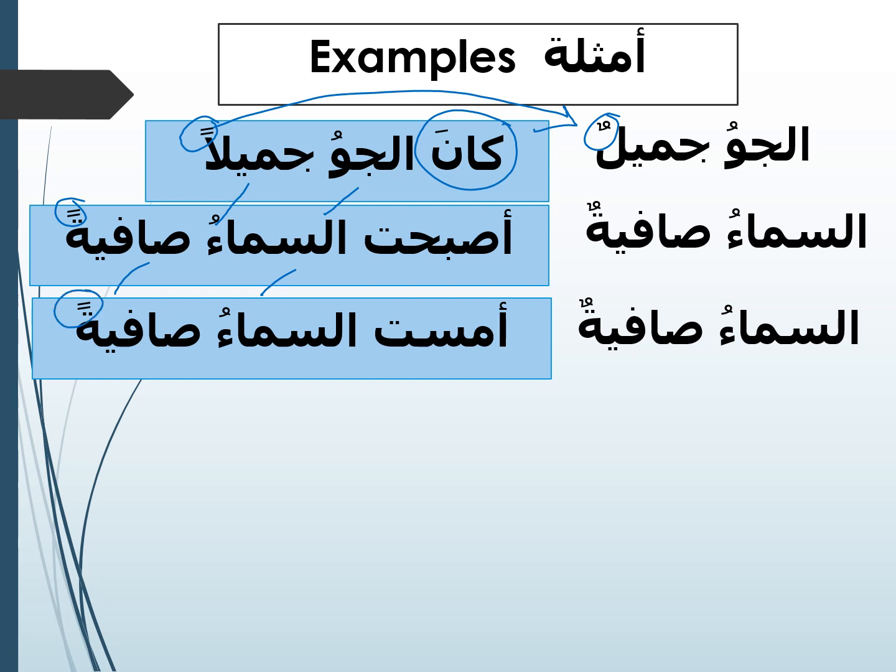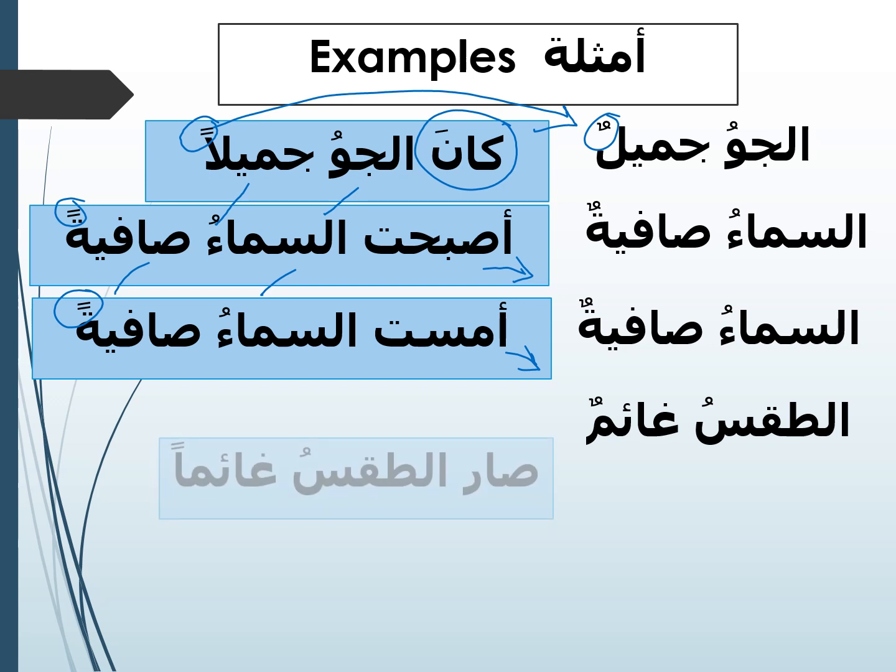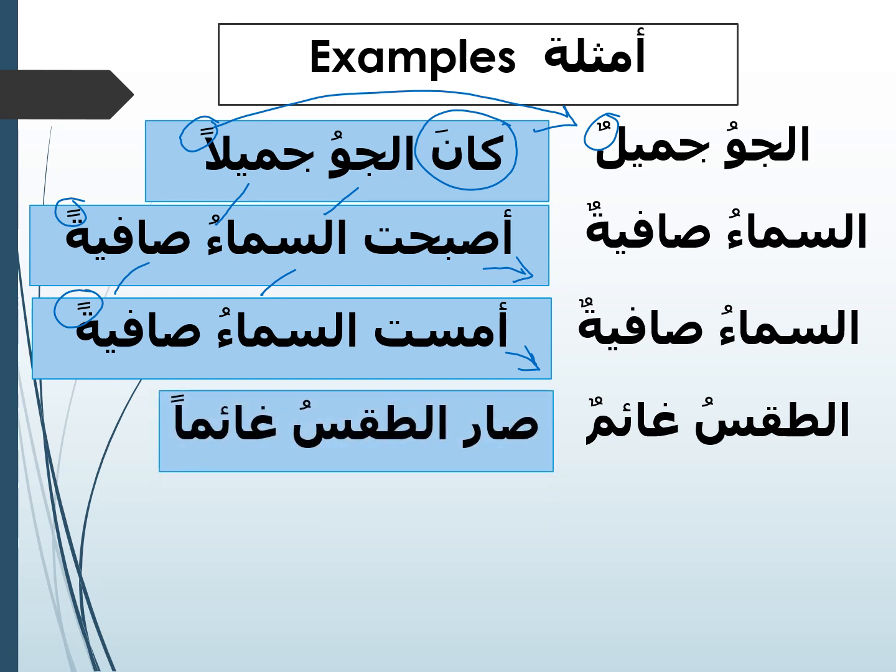So we use أصبحت, it became, in the morning. We use أمست in the evening. The sky, in the evening, the sky became صافية, clear. الطقس غائم. The weather is cloudy. صار الطقس غائما.